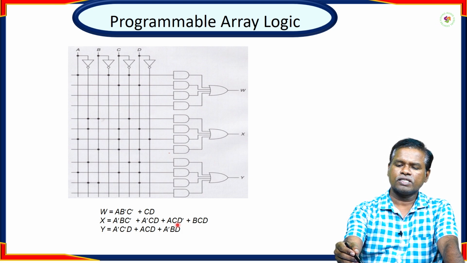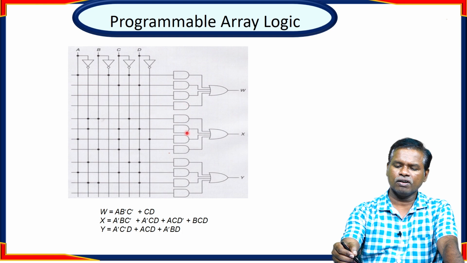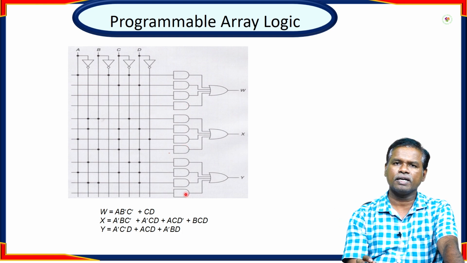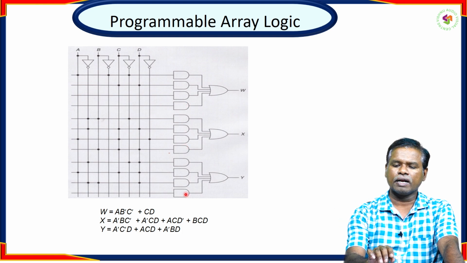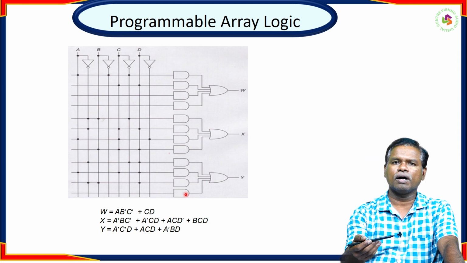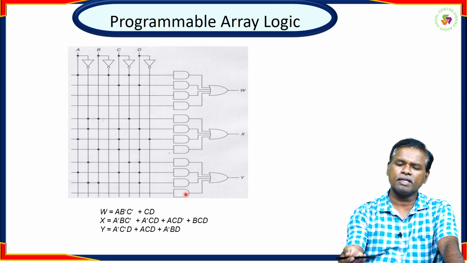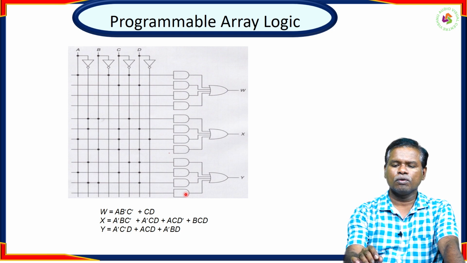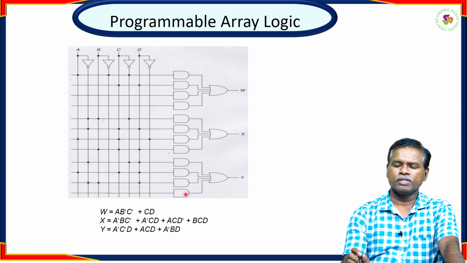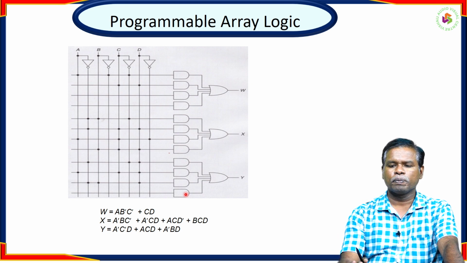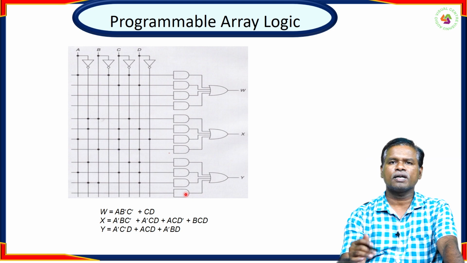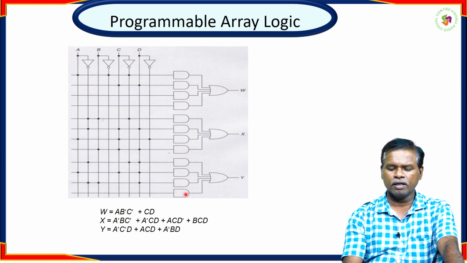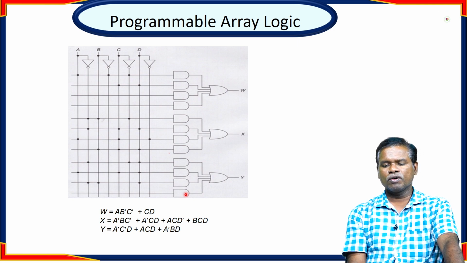That means four AND gates for each output, but a few of them are not programmed, because the product terms present in that particular Boolean expression are fewer than four, so they are not connected to any input, and the output is simply the result of two, three, or four product terms, depending on the expression.